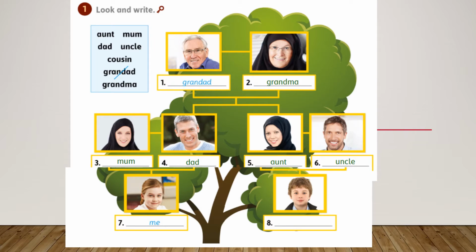And the girl here says that it's me. Okay, hello. And the last picture, number 8, pretty clear, is that he's a cousin. So we have granddad, grandma, mom, dad, aunt, uncle, me, and cousin.